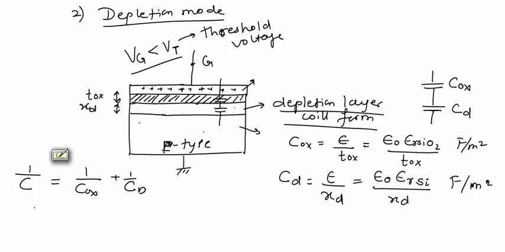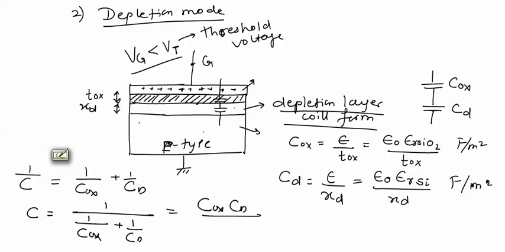So total capacitance C will be equal to 1 upon C oxide plus 1 upon CD. It can also be written as C oxide into CD upon C oxide plus CD. This will be the total capacitance in depletion.